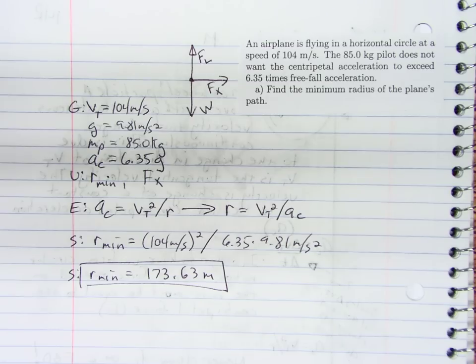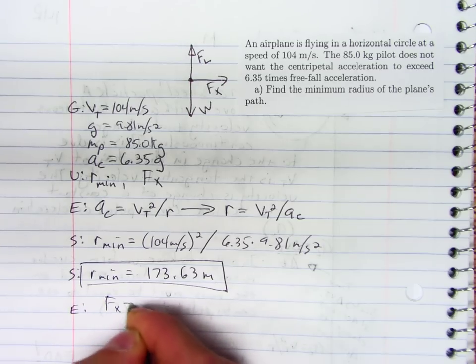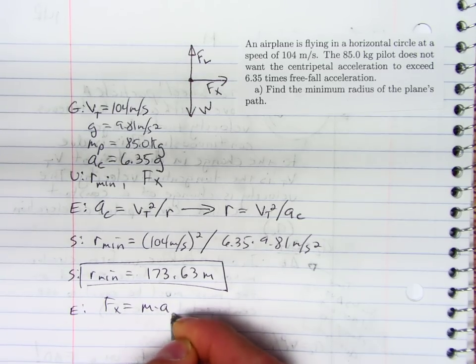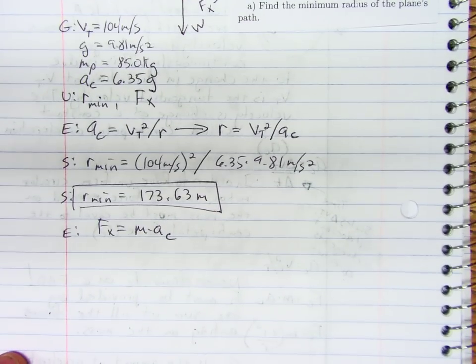The next question, it says, what is the force that needs to be exerted on the pilot by this friction and the seatbelt and so forth to hold the pilot into place? The pilot has a mass of 85 kilograms, and so the force is just equal to m times a c. Mass times the acceleration.